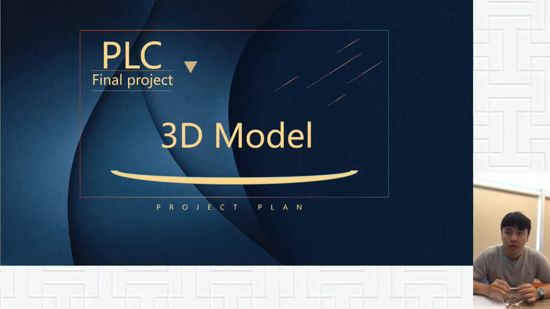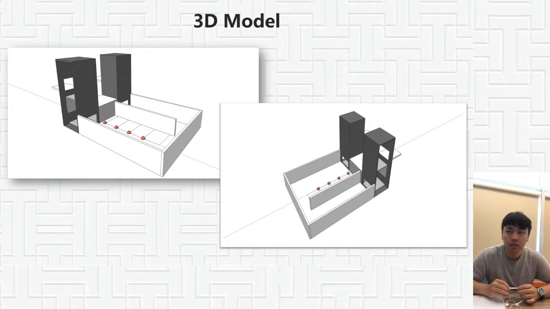Let's take an inside look at the hardware equipment of our project. As you can see in the picture, we set up 2 elevators to lift and lower the car. This side is the entrance, and the other side is the exit. After driving into the basement, we can park the car in the parking space.